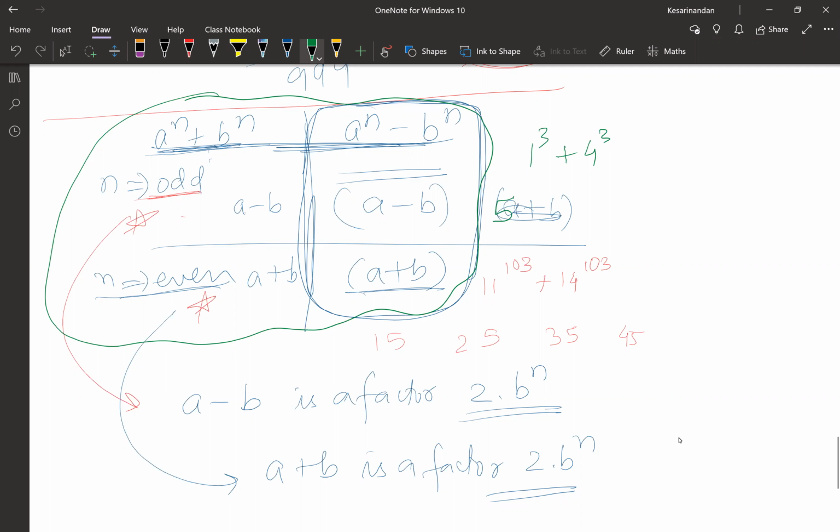Now write down an exception here. When n is odd, this will be divisible by a plus b under all cases, but when n is even, it will be divisible by a minus b only under this scenario.